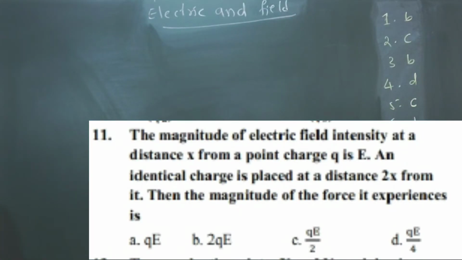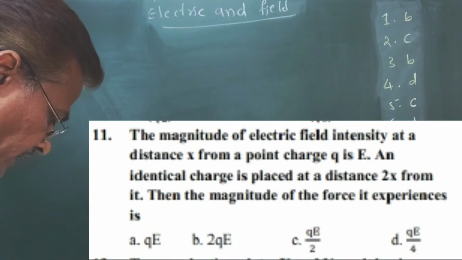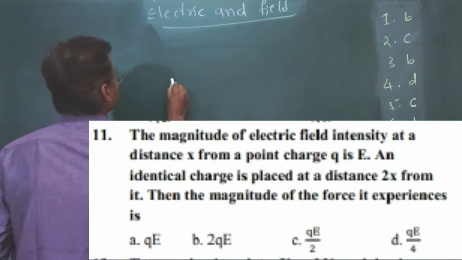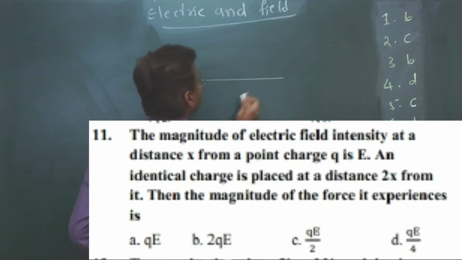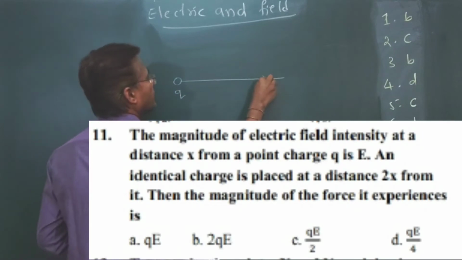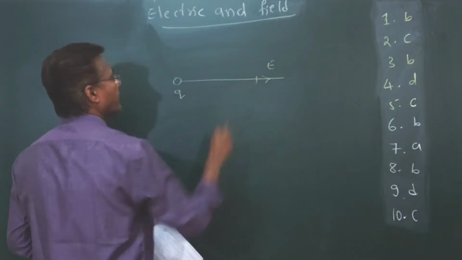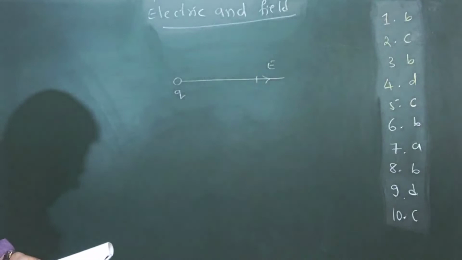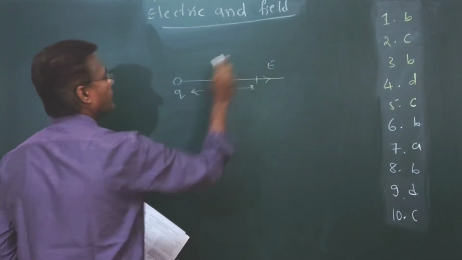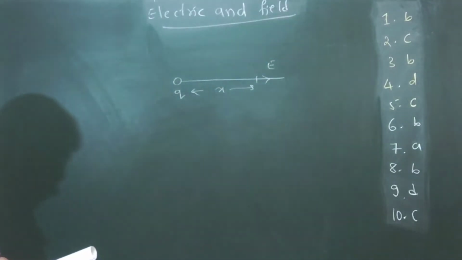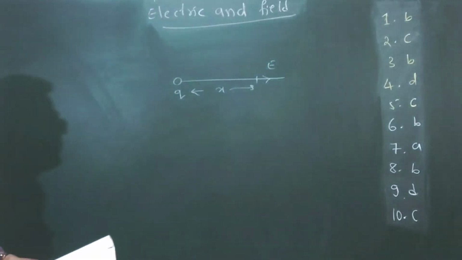So now see, the magnitude of electric field intensity at x from the point charge q is E. So this is the one point charge, that is the q. This is the E. At this point, that is the distance x, the electric field intensity is E. An identical charge q is placed at a distance 2x.